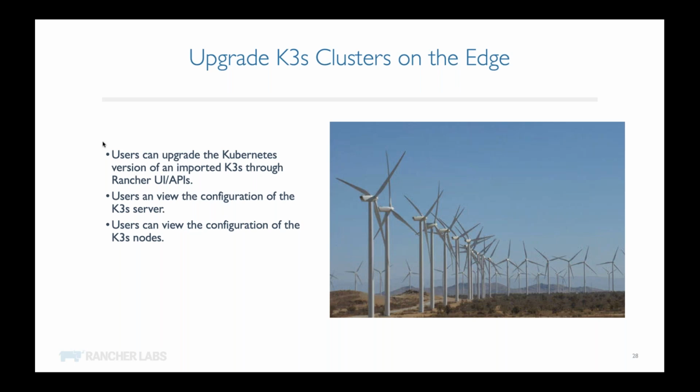You can view the configuration of your Kubernetes cluster in a read-only view of both the API and the agent servers. So now this is part of the fleet management and support story that Rancher 2.4 is enabling.